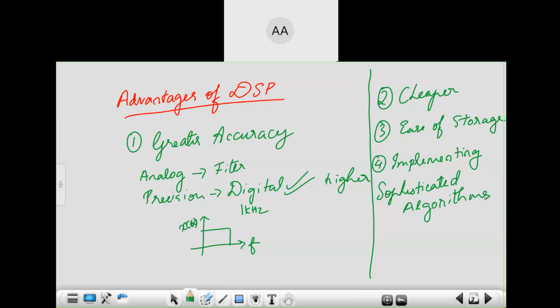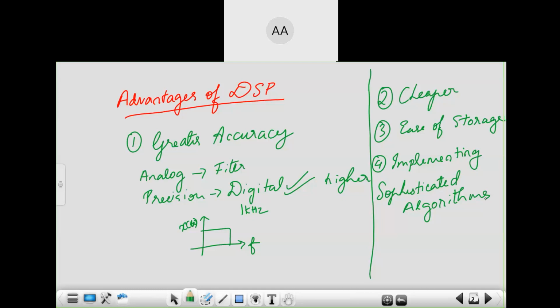Anything you want to implement, there are so many simple algorithms which will help you to do these operations. Say you are enhancing an image, I'm just giving you an example. Say you have taken a project of enhancing an image. Simple project, you can do it in MATLAB.